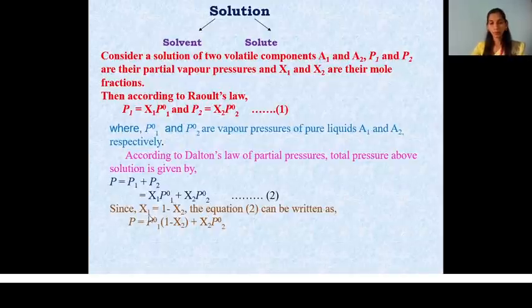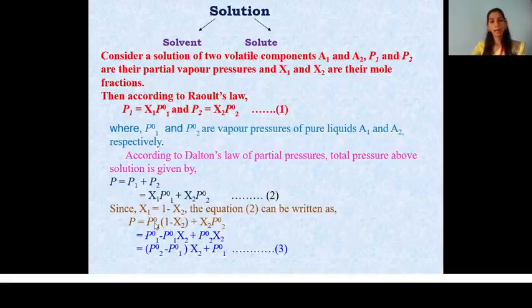From the mole fraction, we know that x1 plus x2 is equal to 1. If we move x2 to the right side, the equation becomes x1 is equal to 1 minus x2. If we put this value of x1 into equation number 2, we get P is equal to P naught 1 into bracket 1 minus x2 plus x2 P naught 2.